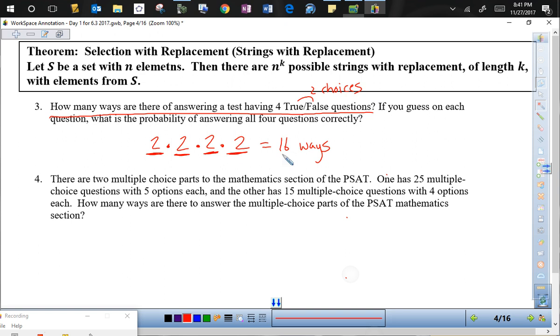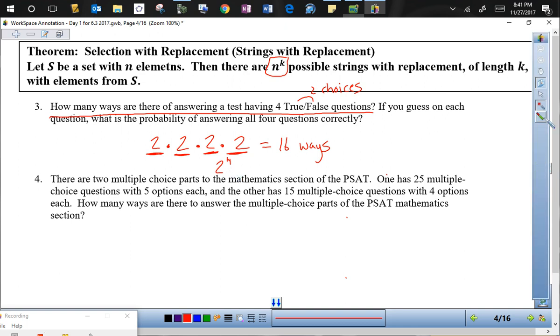But let's go ahead and talk about this in terms of what we've got going on here. It says there's n to the k possible strings, or 16 possible strings. Another way of writing 2 times 2 times 2 times 2 is 2 to the 4th power. So what we're doing here is really having the number of choices to the power of how many times we're choosing it.